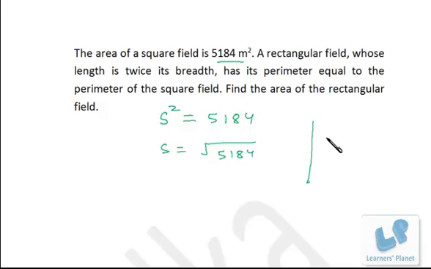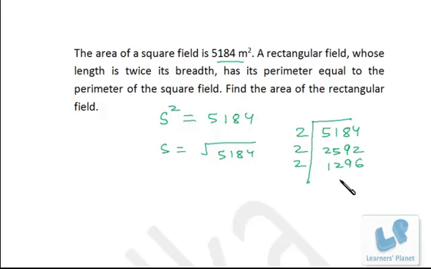Now let's find the square root of 5184. 8 and 4 12, 13 and 5 18. That means this is divisible by 2 and 3 both, right? So we divide by 2 repeatedly: 2, 25, 1, 9, 2. One more time, 2, 12, 24, 1, 2 9s are 18, 1, 6.